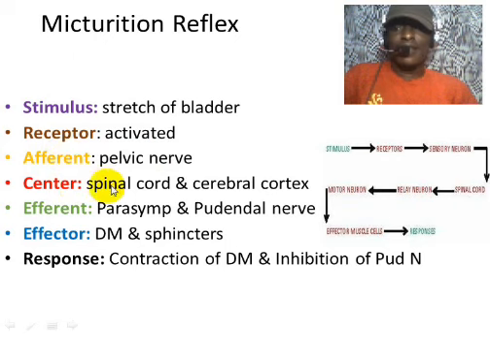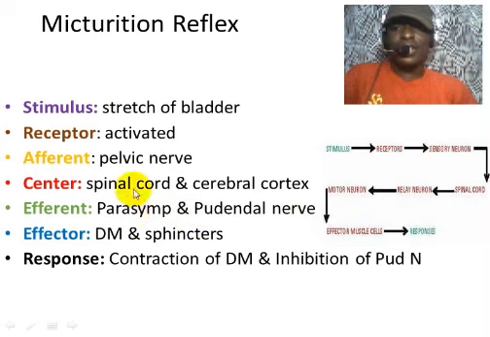The integrating centers are formed by the spinal cord and the cerebral cortex. From these integrating centers, efferents are sent to the effector organs. The efferent fibers are formed by the parasympathetic nerve and the pudendal nerve.